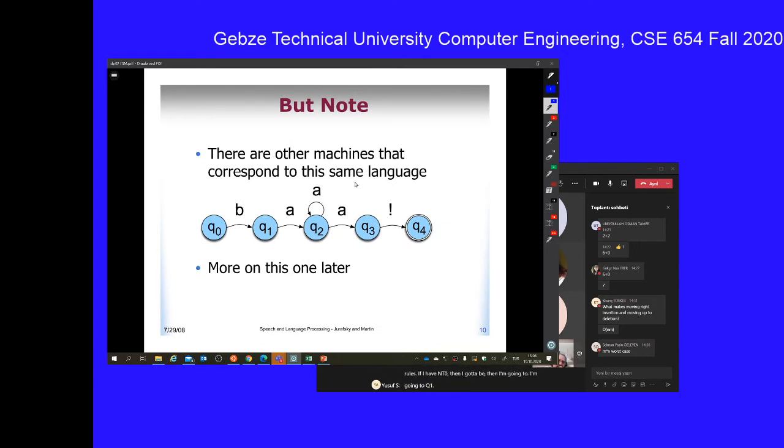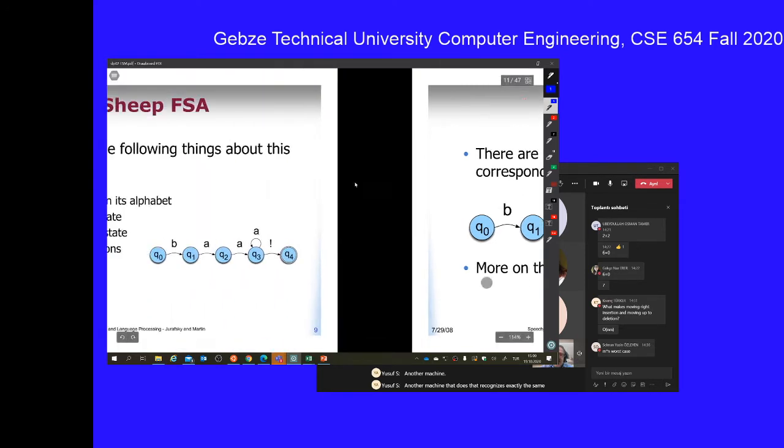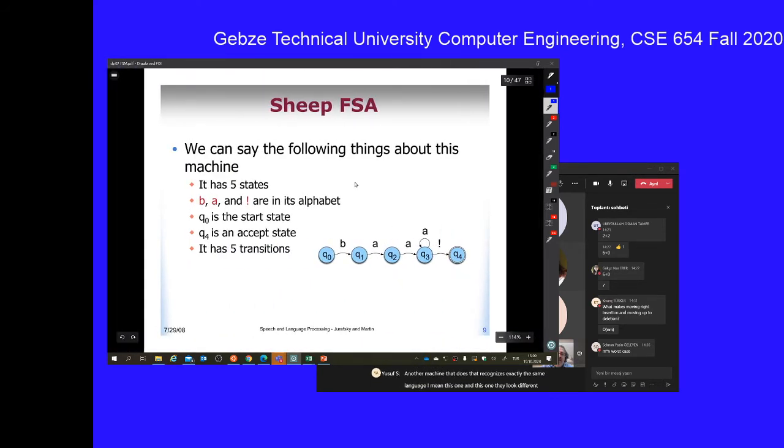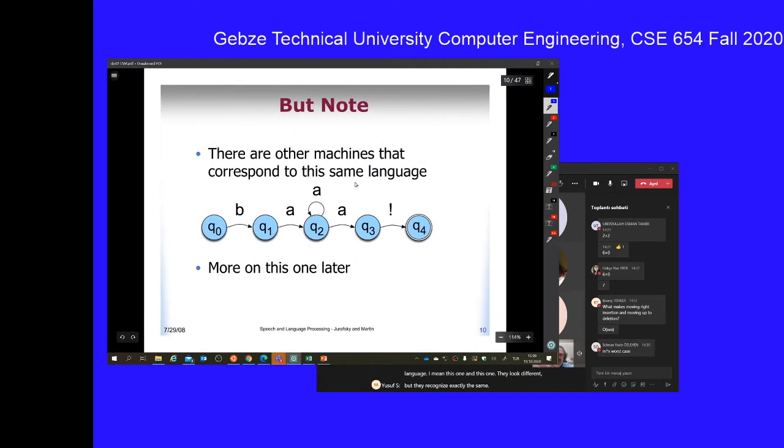Another machine recognizes exactly the same language. I mean, this one and this one look different, but they recognize exactly the same language. What is the language? It is either BAA!, or BAA!BAA!, etc. And the thing here is that it's kind of weird.